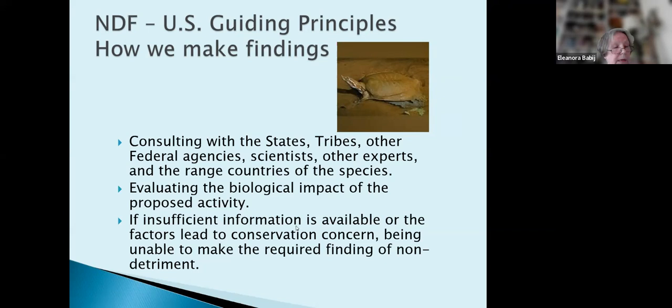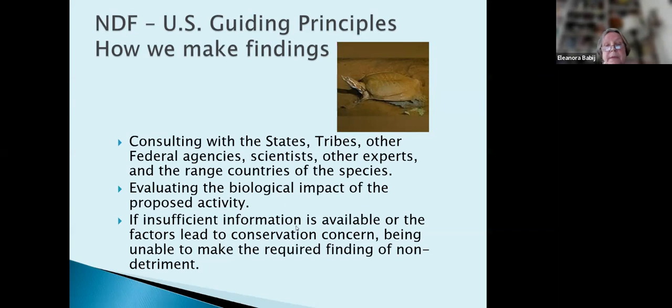We also try to incorporate relevant knowledge and expertise of local and indigenous communities. And we look at national and international trade information, a lot of which we get from the CITES trade database. We take all that information and try to evaluate the biological impact of the proposed activity.